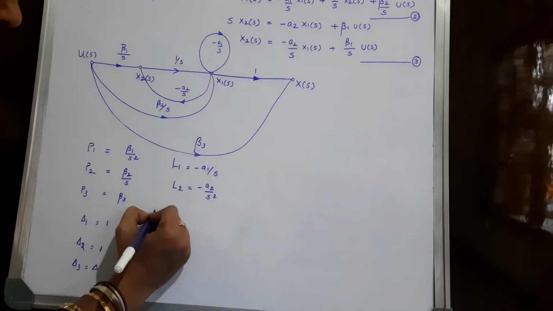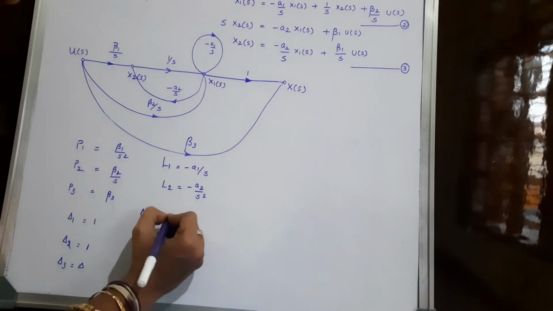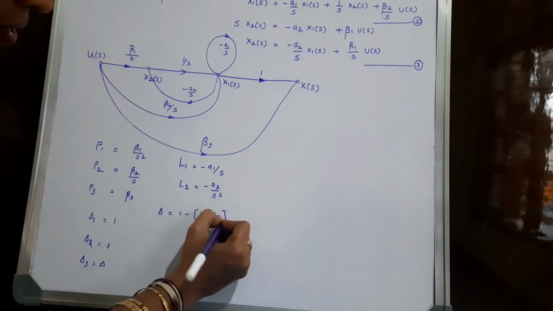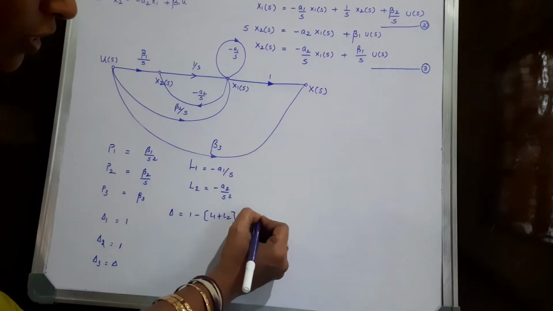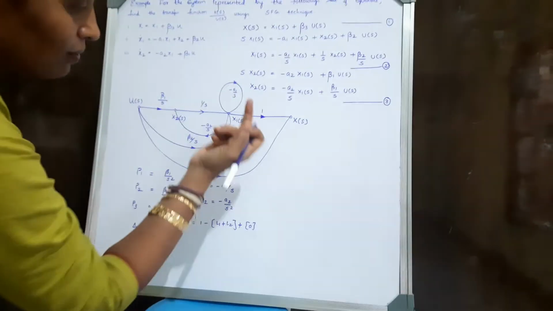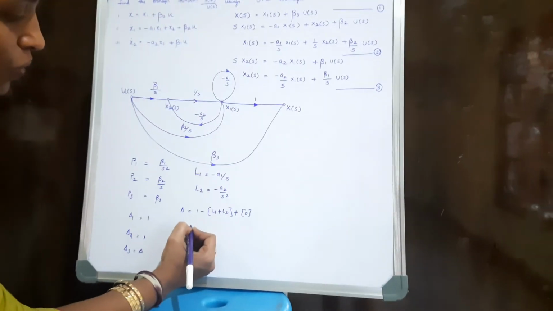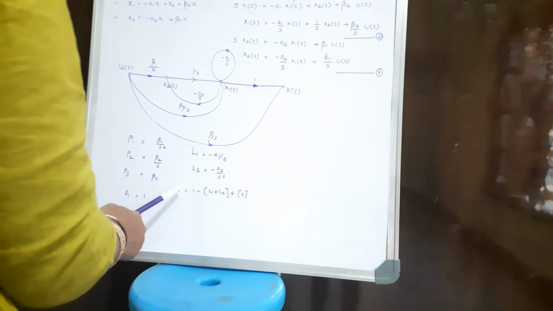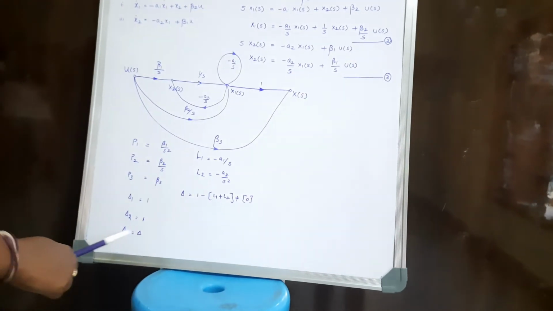So delta is nothing but 1 minus summation of loops L1 plus L2 plus non-touching loop combinations. There are two loops. So for the first combination itself, if I take, both are touching, so there are no non-touching combinations. Delta becomes 1 minus L1 plus L2. So delta is the same for delta 3 also.